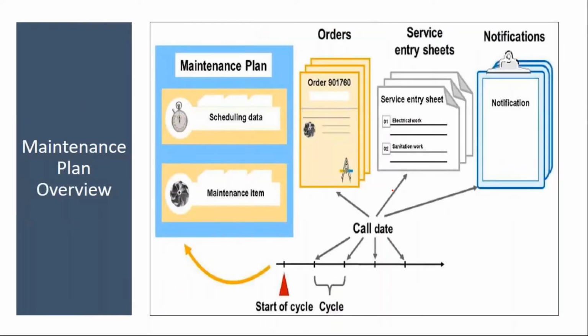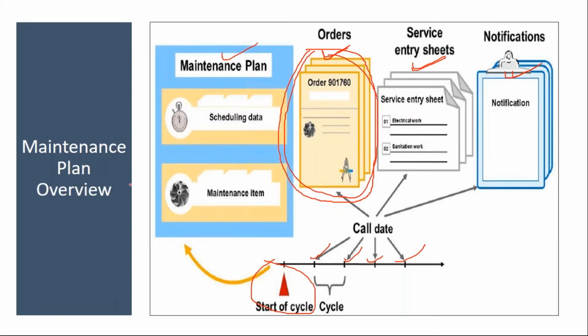So using maintenance plan, either you can automatically generate preventive maintenance orders, or even service entry sheets, or even notifications. But most of the time in the industries, in real time, they will generate the orders. 99% they will be generating the work orders. So what happens is you start your preventive maintenance, and once that particular date is reached, system automatically generates your orders basically.